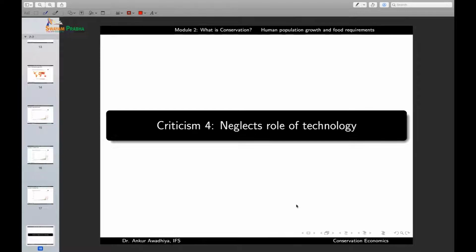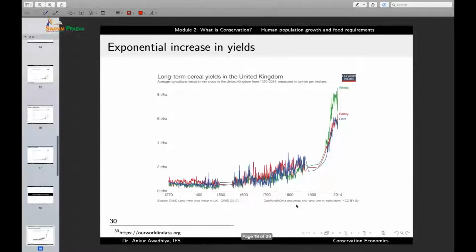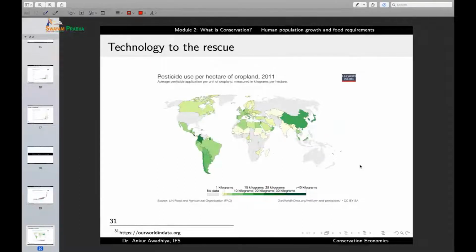Another criticism of Malthusian theory is that it neglects the role of technology. So, Malthusian theory had said that agricultural production only increases in arithmetic progression. But then, if we look at the long-term cereal yields in any country, we have seen that it has increased exponentially because of the technology.